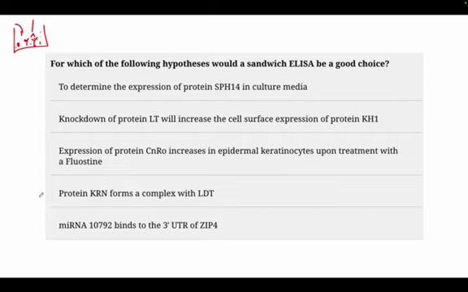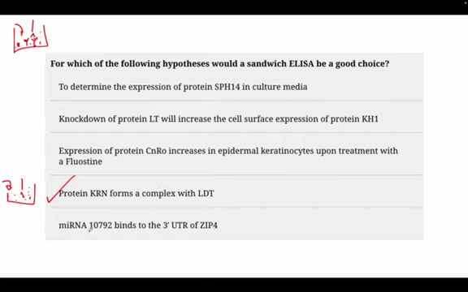We can coat LDT on the well, add KRN, and KRN will bind to the LDT, maybe. I have a hypothesis that it is binding, but it may not be the case. Then we add an antibody against KRN, and that is going to detect how much of KRN has bound. So this is probably a good choice for sandwich ELISA.